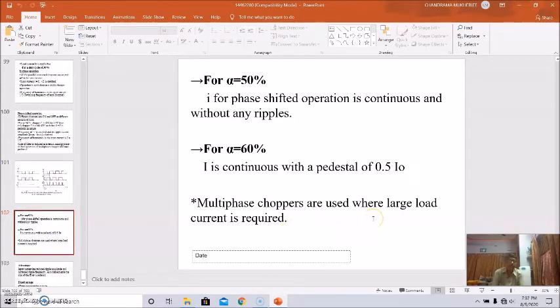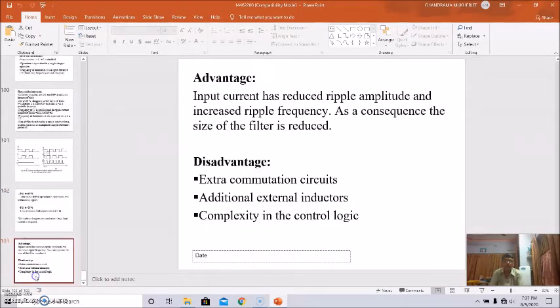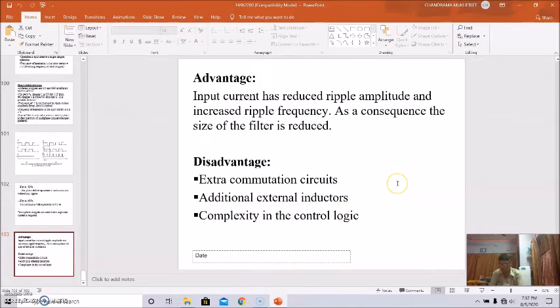Multi-phase choppers are used where a large load current is required. The advantage: input current has reduced ripple amplitude and increased ripple frequency, and as a consequence the size of the filter is reduced. The disadvantages: extra commutation circuits required, additional external inductors required, and complexity in the control logic.